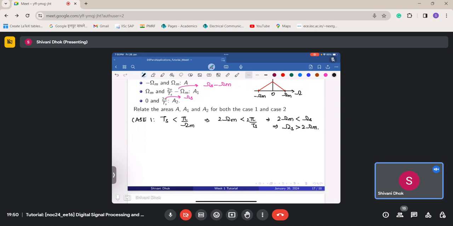If my ωs is greater than 2 times ωm, this is the condition for case 1. So now let us try to construct.